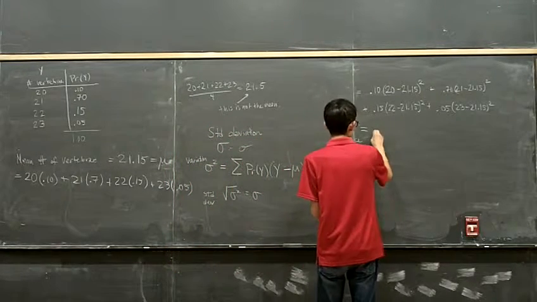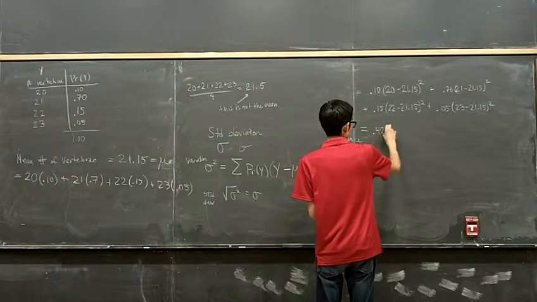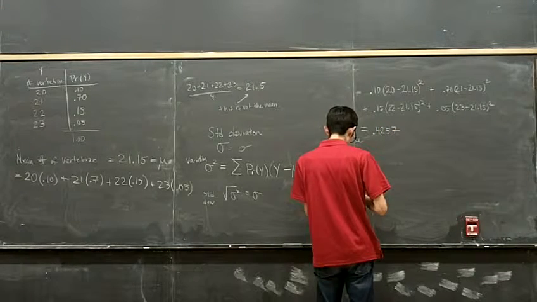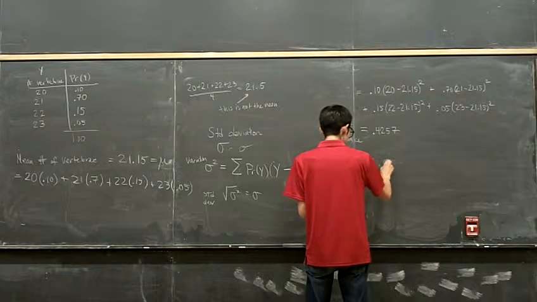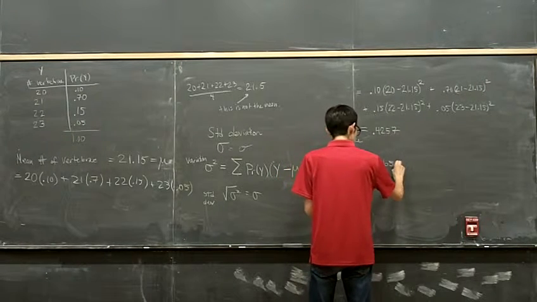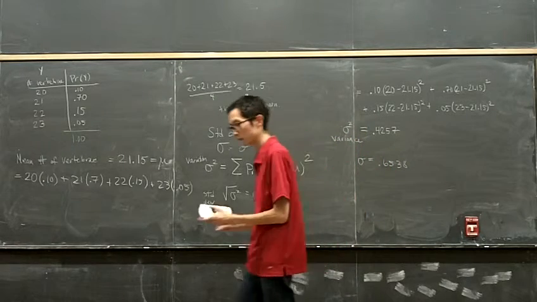Here I get 0.4275. I don't know if you guys got the same number as I did. Maybe I made a mistake. And I get my standard deviation to be 0.6538. Something like that.